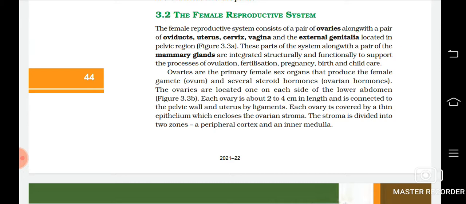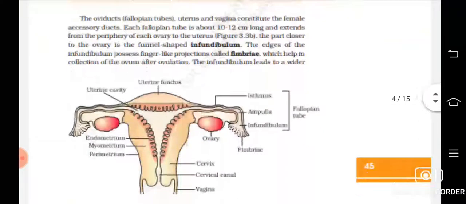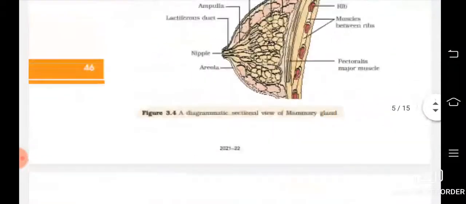The function of the ovary is to produce the female gamete and also the hormones. They are located in the lower abdomen, and covered by a thin epithelium, and have a stroma. In the stroma, you can see two regions: the cortex and the medulla.